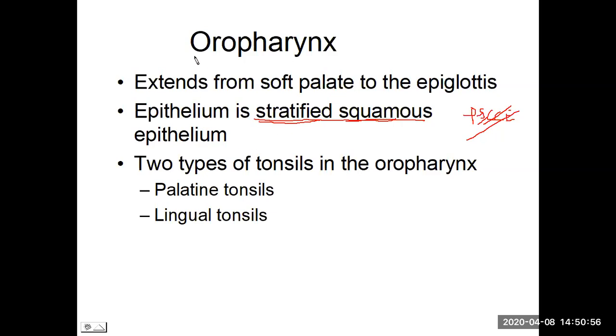And this is important because the oropharynx, again, oro is in mouth, this is the area where we're ingesting food. So we're swallowing food down this region, and we want that protective layer afforded by stratified squamous. And you notice, again, from the lymphatic system, the remaining tonsils are in this region as well.